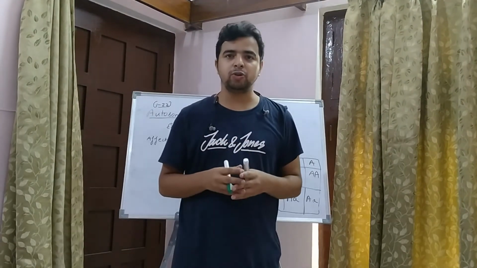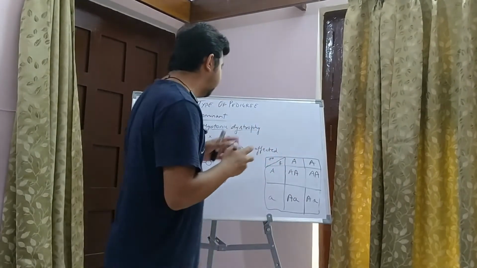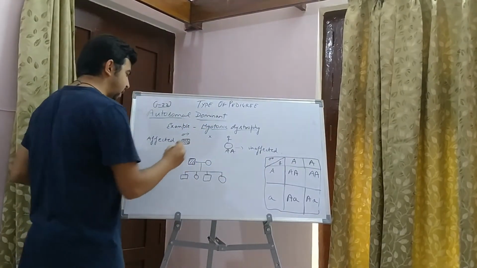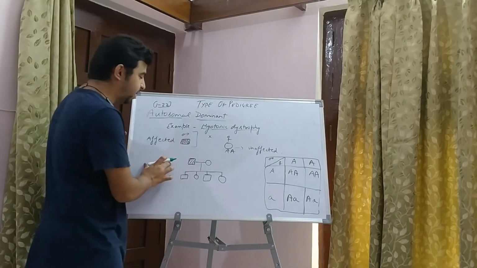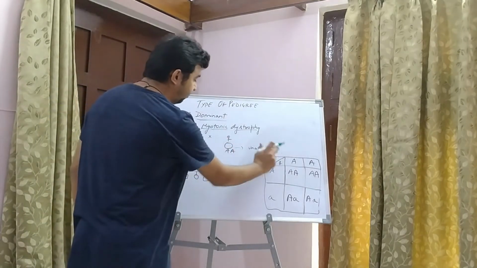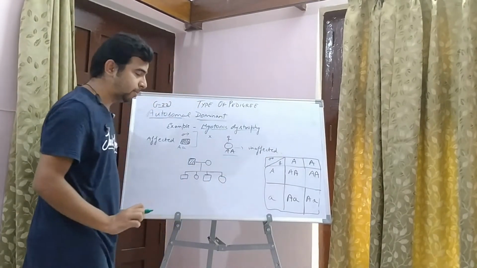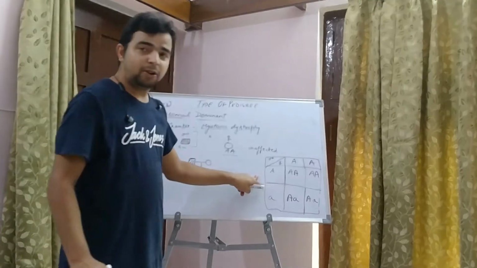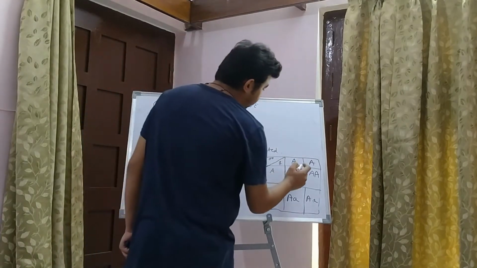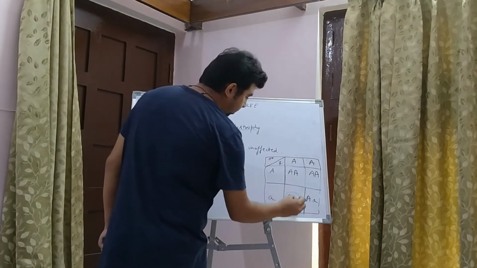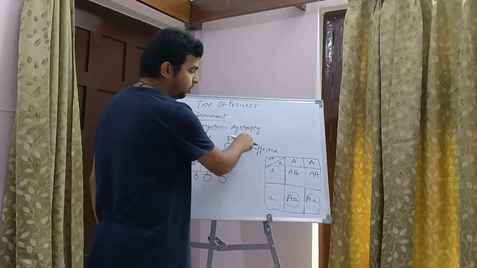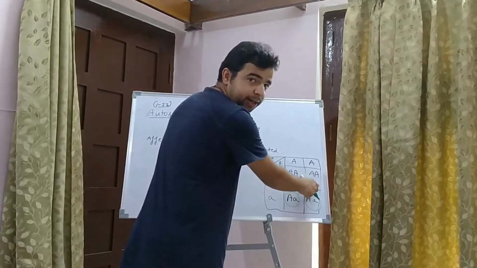To understand autosomal dominant symbolically, here I have taken the example of myotonic dystrophy, and we can see that we have an affected male who is heterozygous and an unaffected female who is homozygous. After the cross, when the affected male is crossed with the unaffected female, half of the children are affected with myotonic dystrophy and half are unaffected.